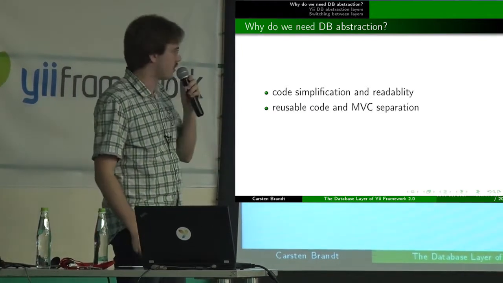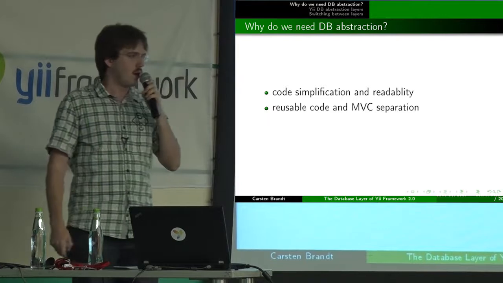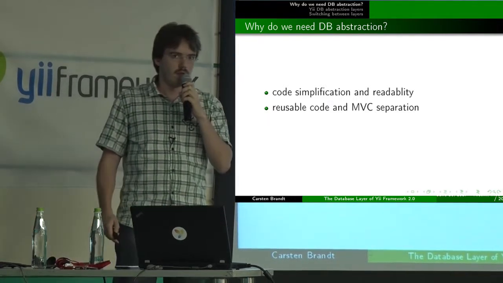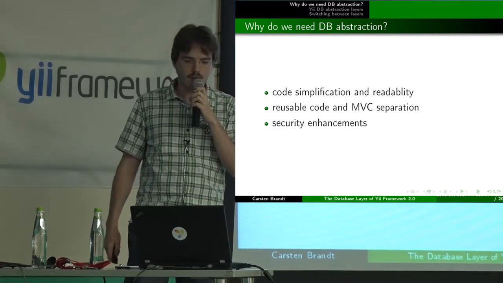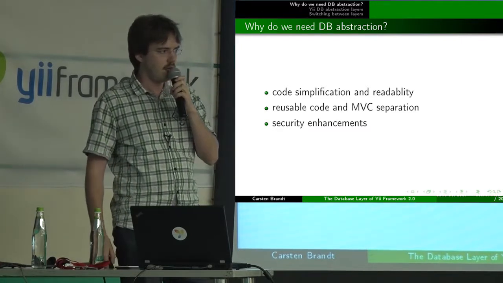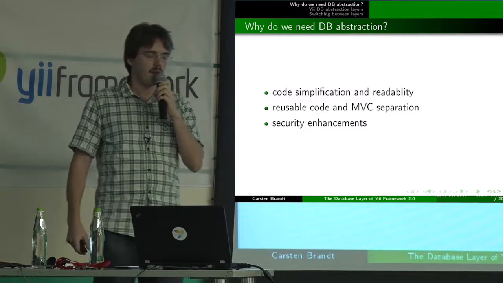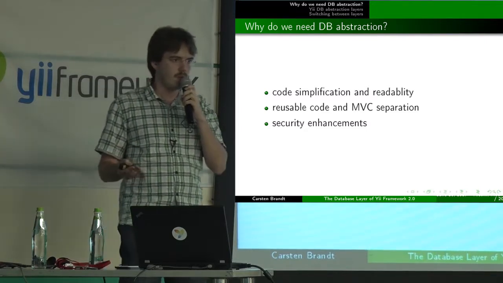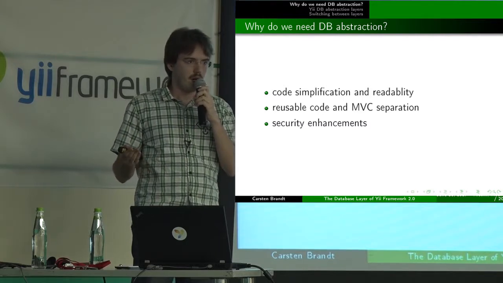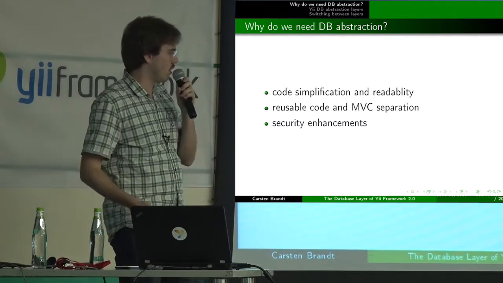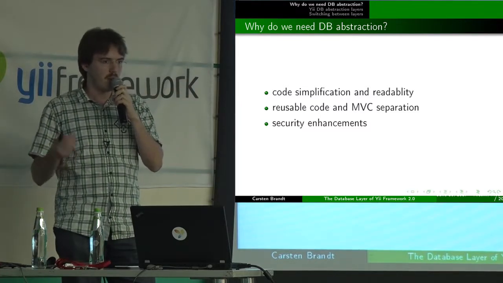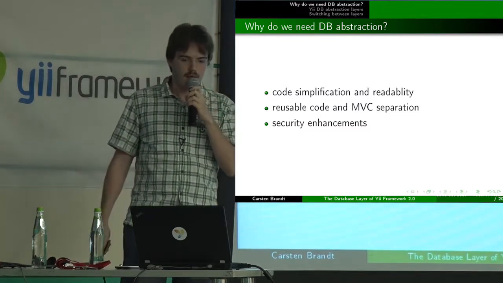This allows us to reuse code and also to work with MVC better if we do not write plain SQL. There are also security enhancements. If we directly call methods with PHP arrays, we do not have to care about escaping for SQL injection all the time, but this part is already automated by the framework.